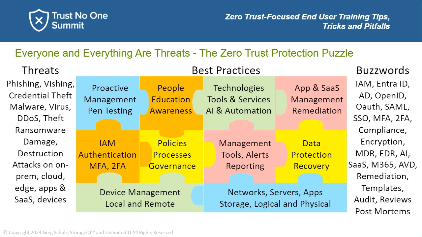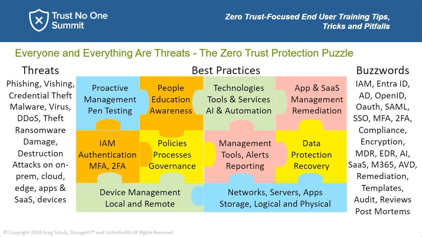Data protection and recovery, being able to recover when something does happen, that you've got a good copy of your data, whether it's a good snapshot, checkpoint, consistency point, a backup, whatever that happens to be, something that's interval time based and that you can recover. There's certainly device management, local and remote, conditional access with policies, your different networks, servers, apps, storage, logical and physical.